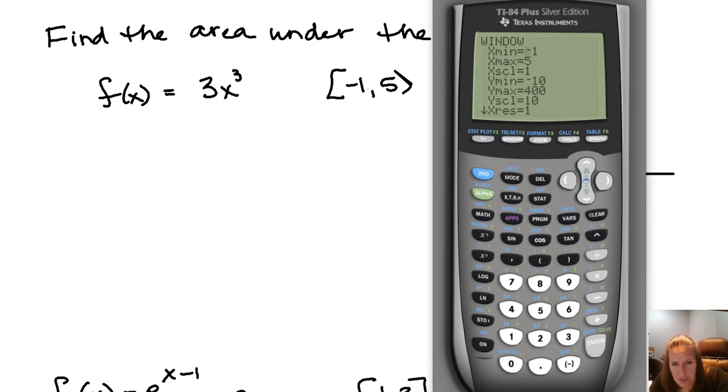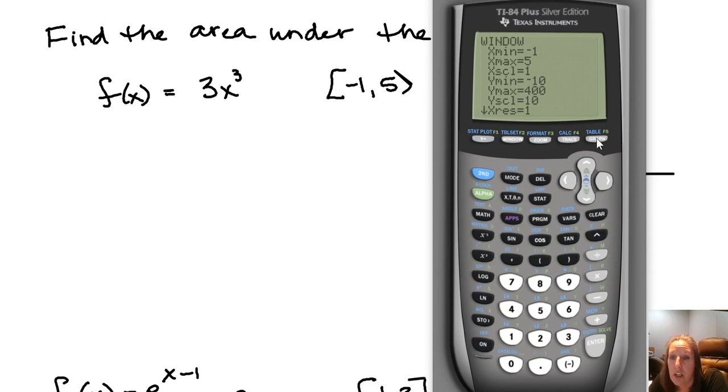If you plug in -1 here, you're going to get a -3 y value, and if you plug in a 5, you're going to get 5 cubed is 125, times 3 is 375, and so that's why I've set this to go from -10 to 400, just so I can see a good picture there.